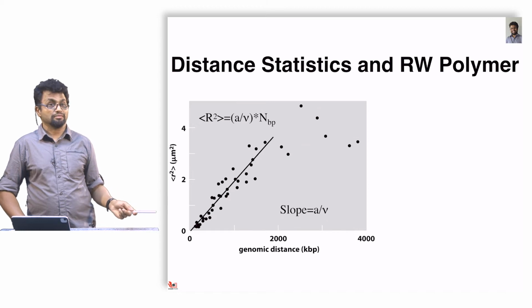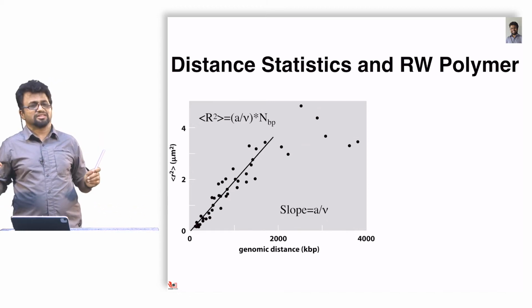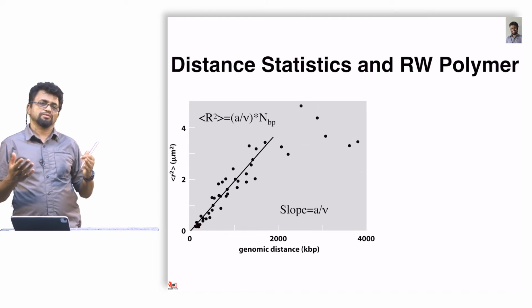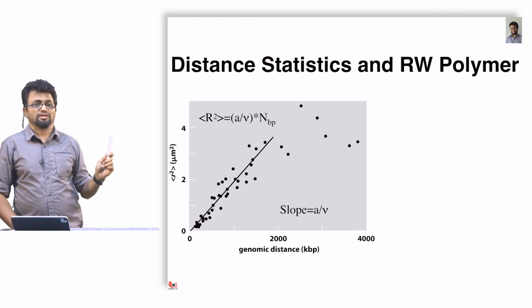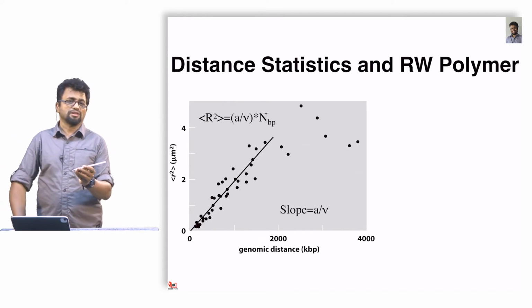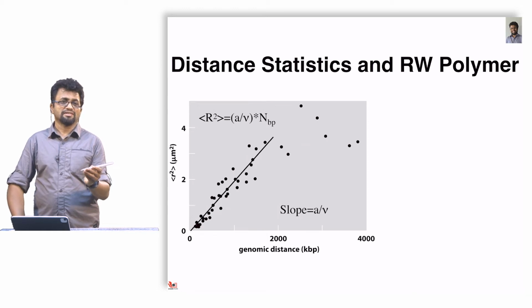That is really nice, because linear scaling of distance suggests that as you get longer, your distance of separation gets more. But please note that this separation distance is not measured as r, which would be a normal separation measure, but as r squared.